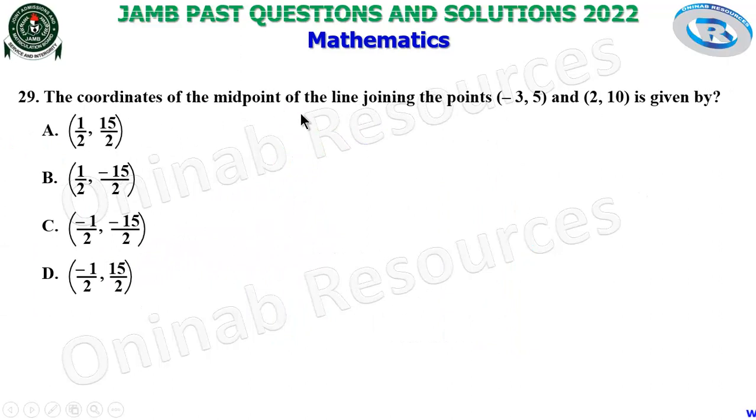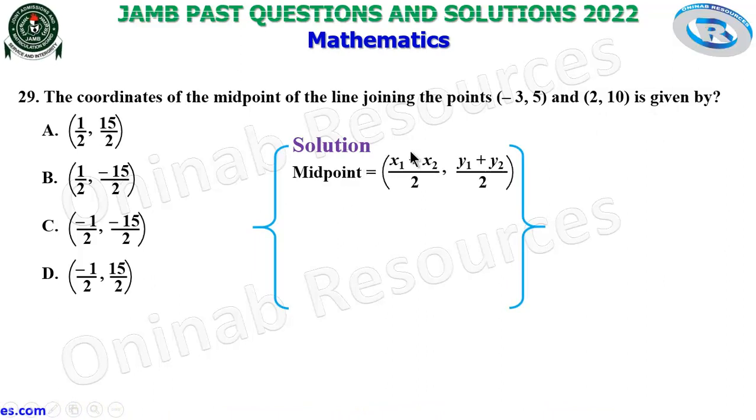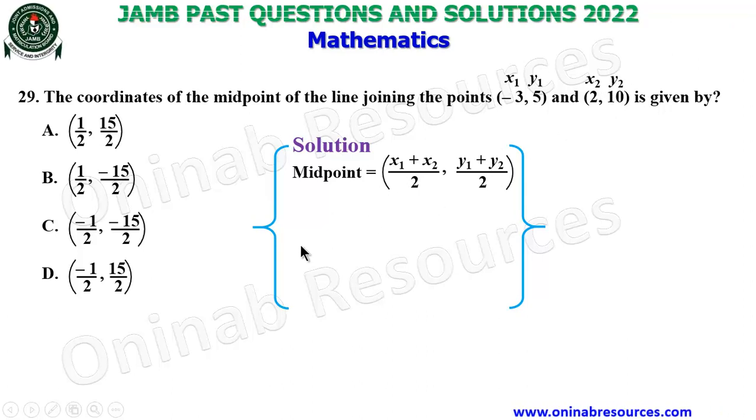The coordinates of the midpoint of the line joining points (-3, 5) and (2, 10) is given by, to find the midpoint, we have ((x1 + x2)/2, (y1 + y2)/2). If this is x1, y1, x2, y2, we plug these into the formula.